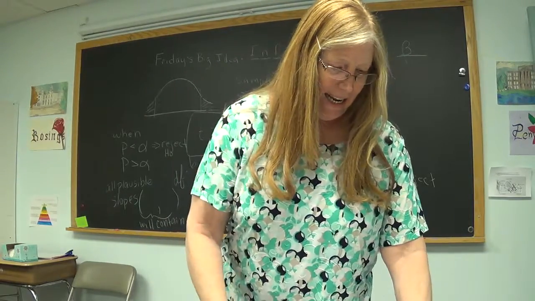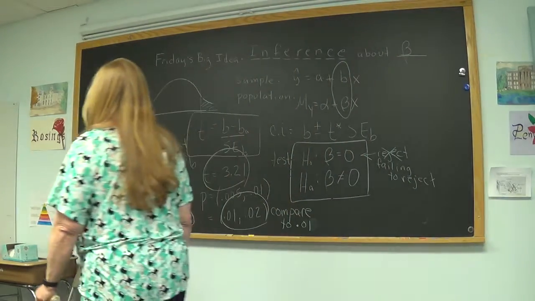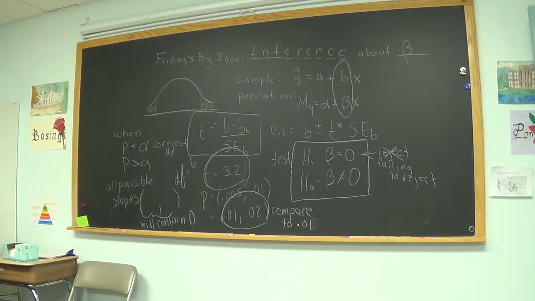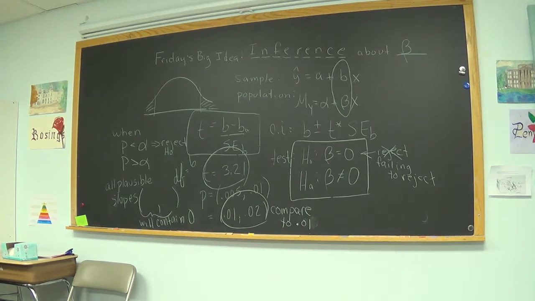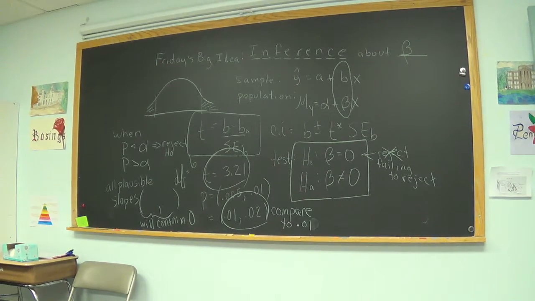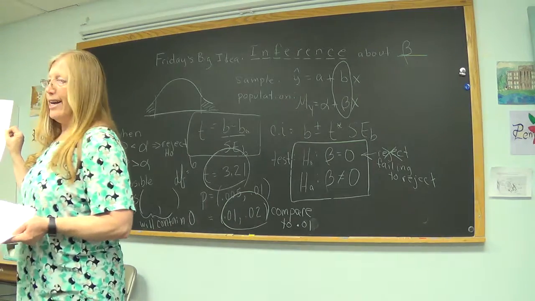All right, so I have a homework problem for you to do that is like that. I drew it from the homework problem book. If you want to take your book home, you can, but I copied it from the book. There's no Minitab. You're going to have to do the whole thing. You're going to have to do linear regression.